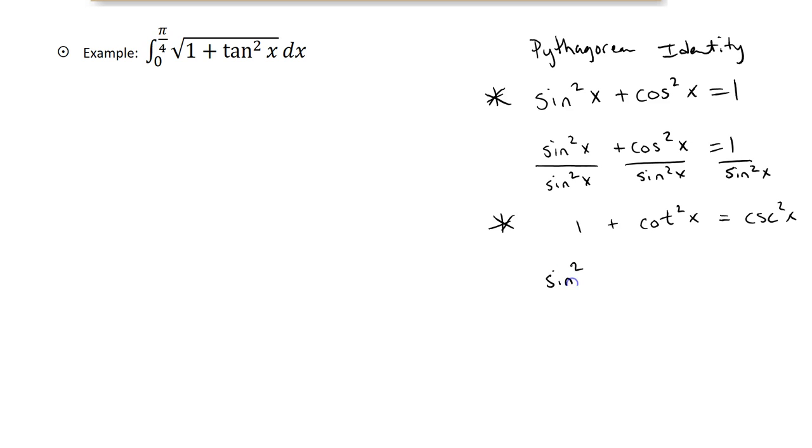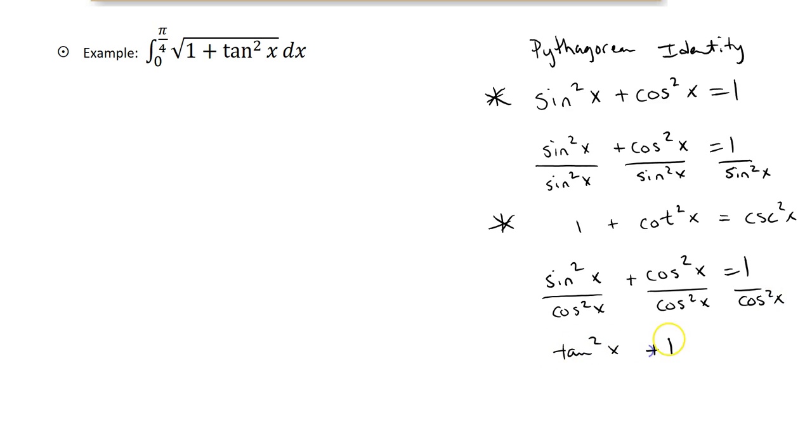And if I were to take the original Pythagorean identity and divide through by cosine squared of x, I get that tangent squared of x plus 1 equals secant squared of x.